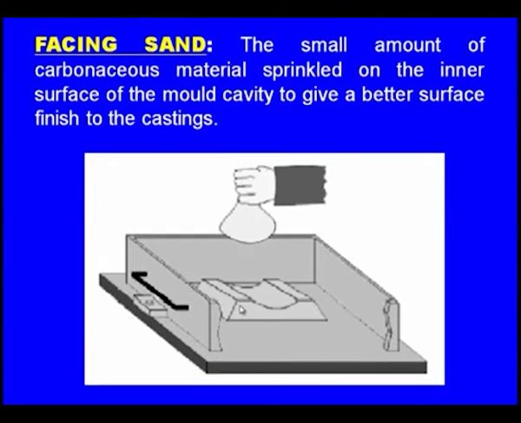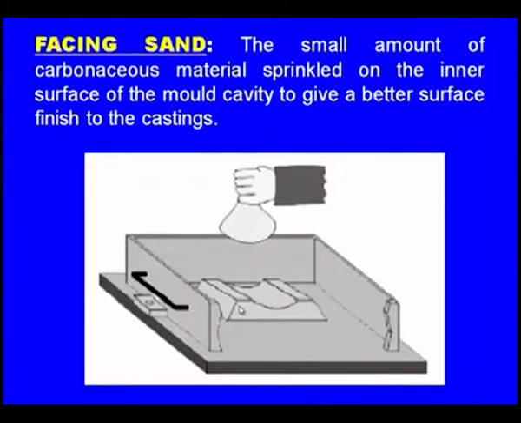Generally what happens, if we use the wooden pattern, the wooden pattern will have a rough texture, and because of this rough texture, even the sand cavity surface will develop a rough texture. Because of that, when we pour the molten metal, even the solidified casting will develop a rough surface. So we want to minimize this rough surface.